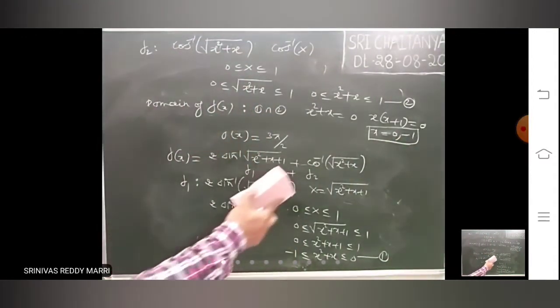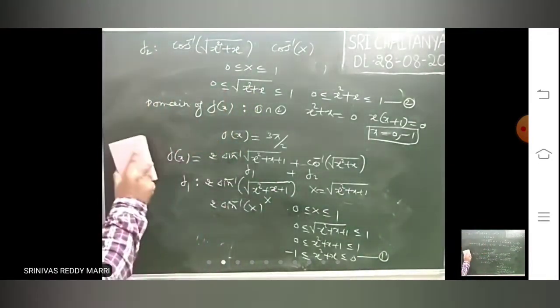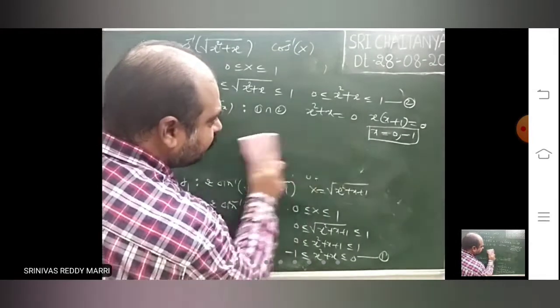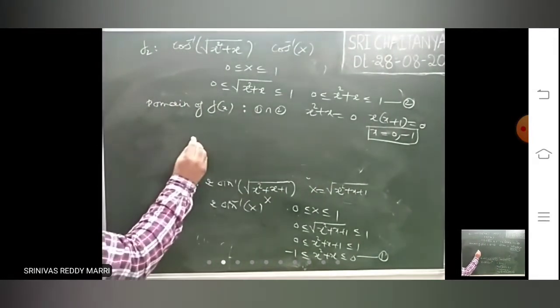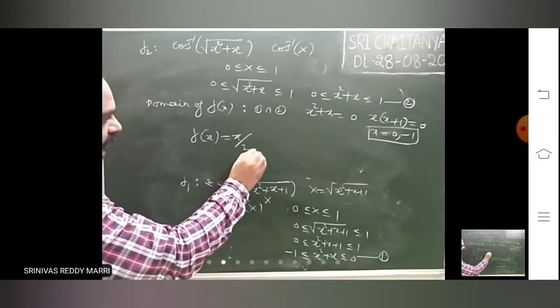You have to check whether in this domain the value of f(x) equals π/2 or 3π/2 or not. Now look at it. f(x) is what? Our equation is this one.